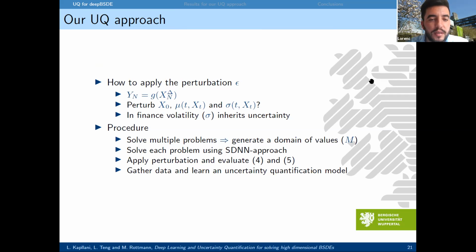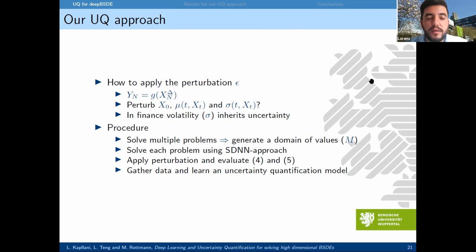This terminal condition, as you know, is a function of the forward SDE at the end. Moreover, the forward SDE is also a function of its initialization x0, the drift term mu, and the diffusion term sigma. So which should we perturb from all of these parameters?